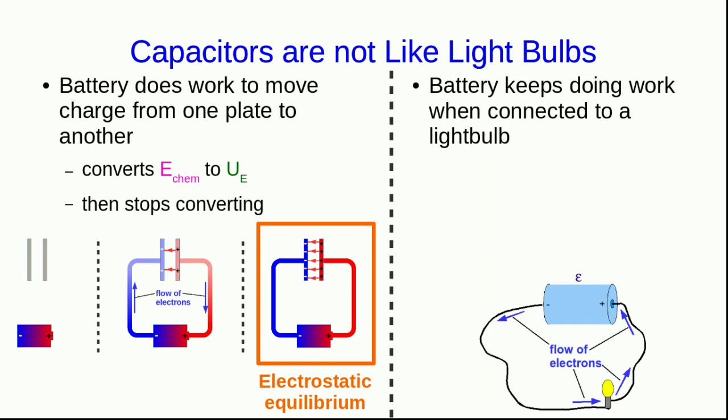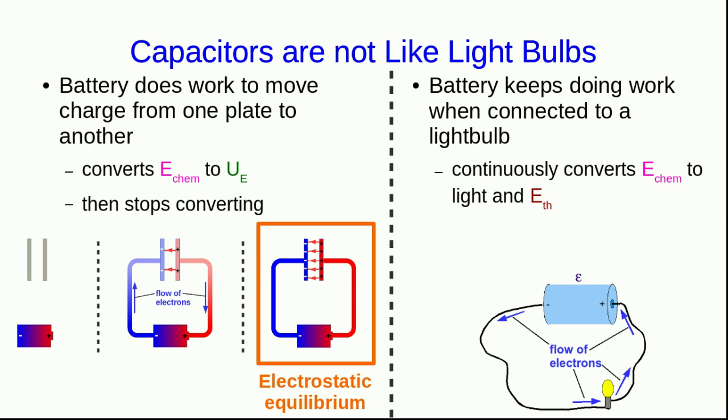On the other hand, when you connect a battery to a light bulb, the battery keeps doing work. To make the light bulb work, it is pushing electrons out of the negative terminal of the battery, they're pushed through the light bulb, and they arrive back at the positive terminal of the battery. And this process just goes on, so the battery is continually transporting electrons from its positive terminal to its negative terminal, doing work on them in the process.